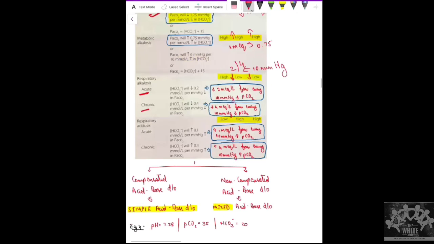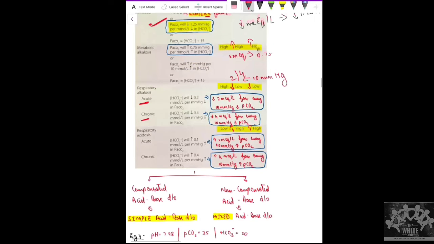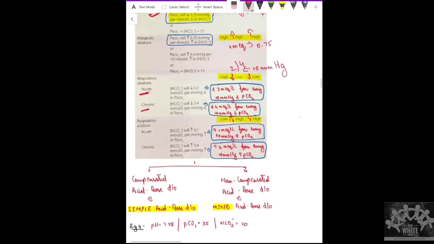Similarly, in respiratory acidosis, PCO2 will be high. So what will the body do? It will compensate by increasing HCO3 minus. For every 10 mmHg increase in PCO2, HCO3 minus rises by 1 if acute. If it is chronic, it increases by 4.